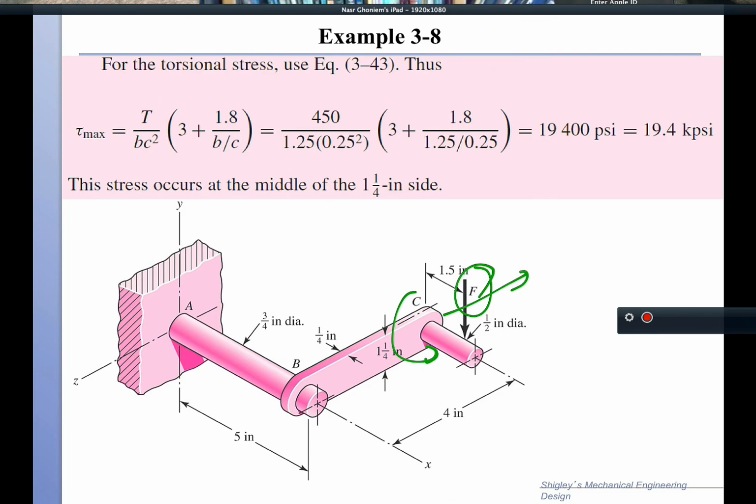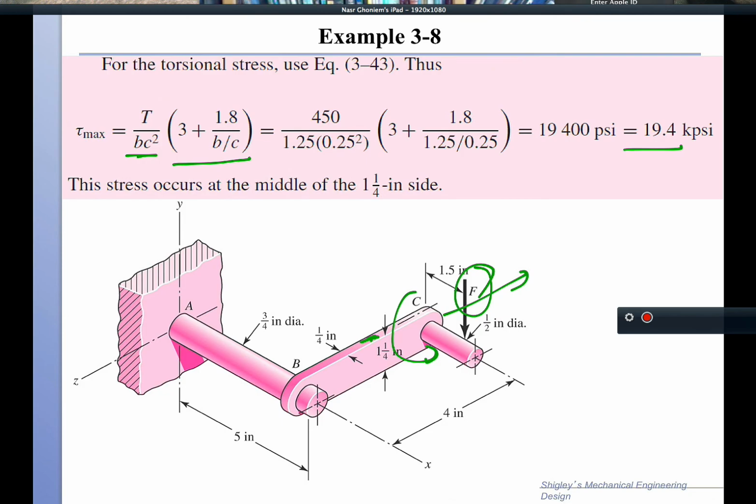When it's torquing the arm BC, the maximum shear stress is on the long end, like here, and it's equal to T over BC squared, times 3 plus 1.8 over BC, and that gives us 19.4 kpsi.